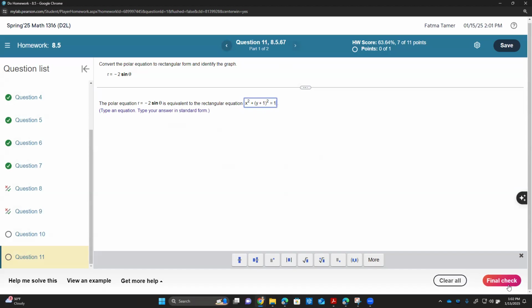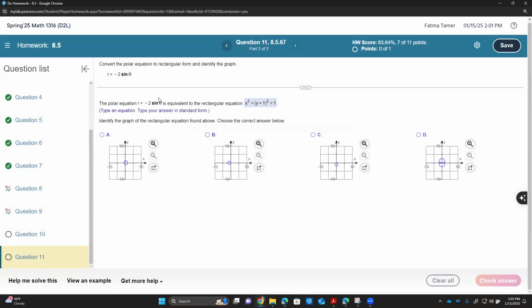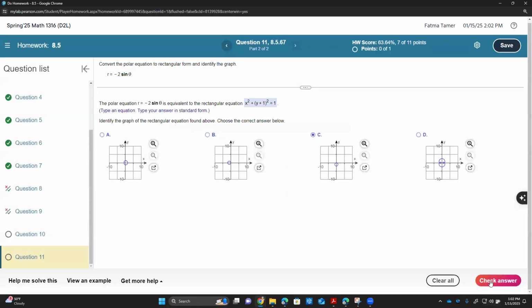This is because of the circle equations. Now it accepts this. So they want you to really convert this to the best form of the circle standard form. This is a circle whose center is at 0, -1, and its radius is 1. So we need a circle whose center is at 0, -1. So when I check the circle, for this circle, the center is at 0, -1, and its radius is 1. So the answer will be C for this question, and that's how you do 8.5.